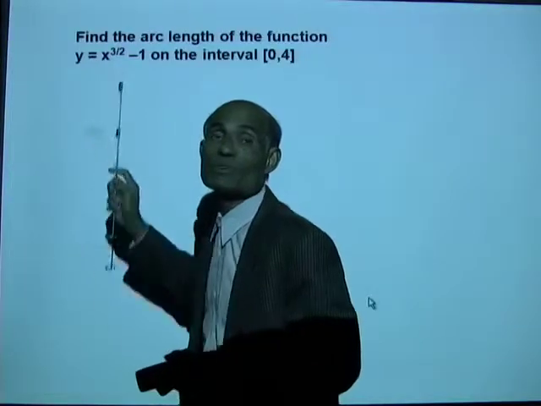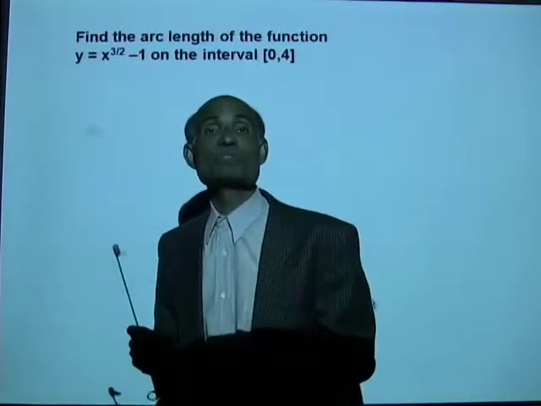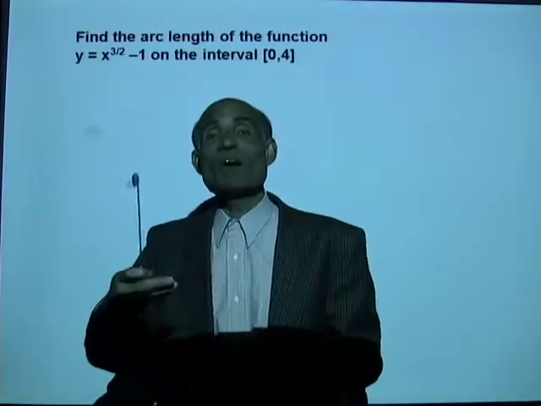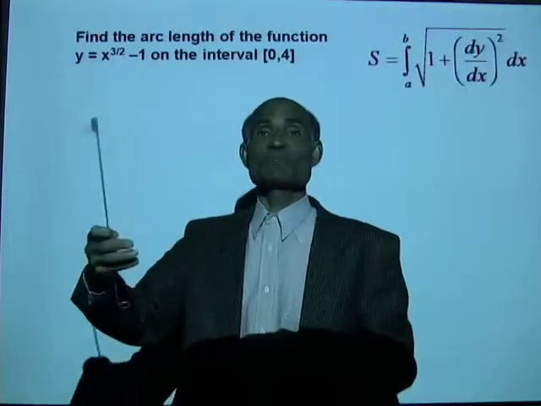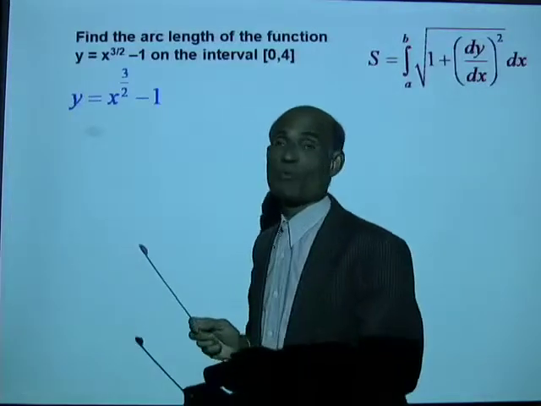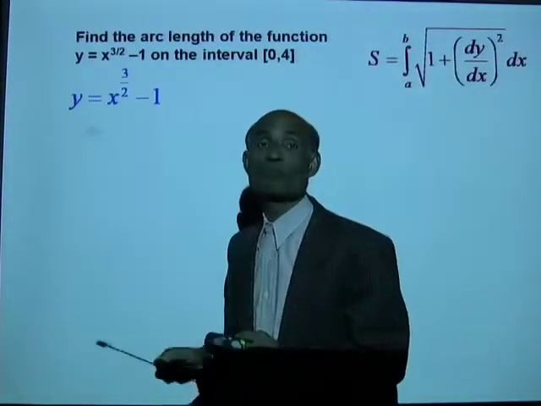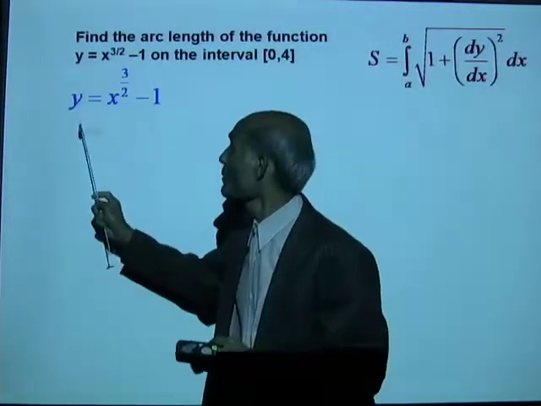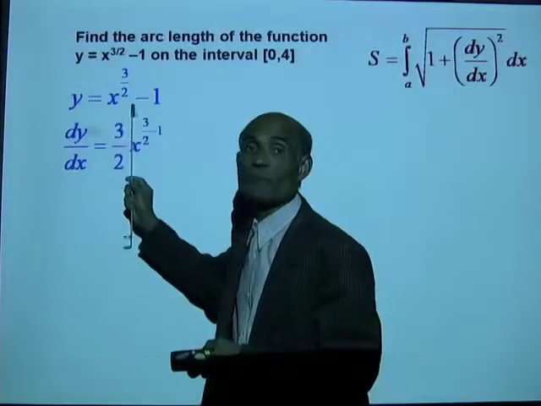We got y equal to x to the power of 3 over 2 minus 1. Can you find the derivative of this with respect to x? Alright, so start with y equal to x to the power of 3 over 2 minus 1. What is dy by dx equal to?